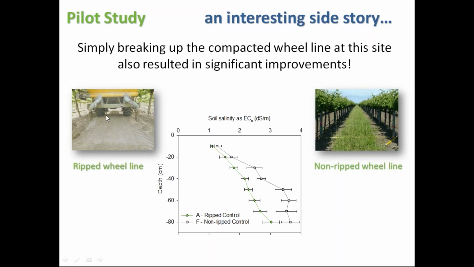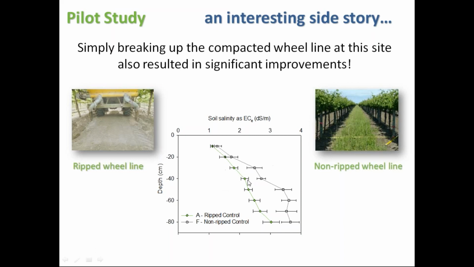When we started to see that yield response, we're thinking, okay, what's going on here? Even in our controls, we look like we're getting a higher yield than in the vines outside. We included 9 additional plots adjacent to the trial area in order to assess the ripped wheel line against a non-ripped wheel line. What is that doing?